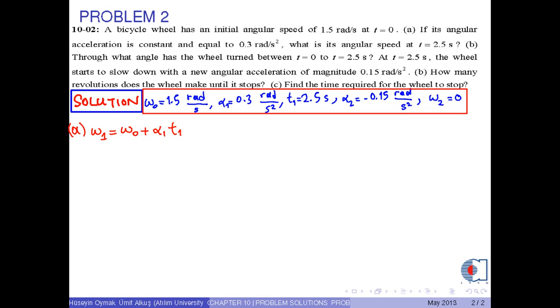Alpha 1 is the initial angular acceleration and t1 equals 2.5 seconds. Then put the numerical values into this equation as 1.5 radians per second plus 0.3 radians per second squared times 2.5 seconds. If you calculate, you obtain 2.25 radians per second.